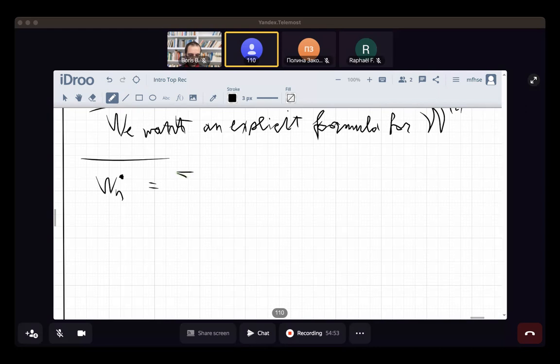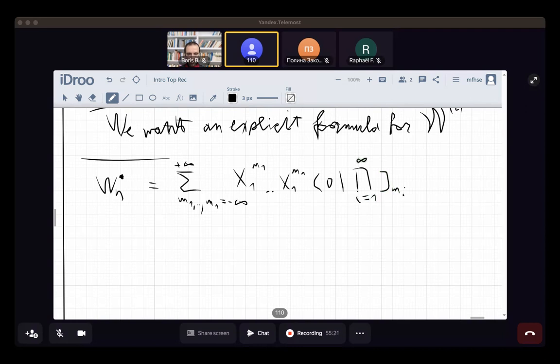It was a sum over m1, ..., mn from minus infinity to plus infinity, x1 to the power m1, ..., xn to the power mn, times the correlator with the sum of ψ_j minus i over i ħ, and then that.